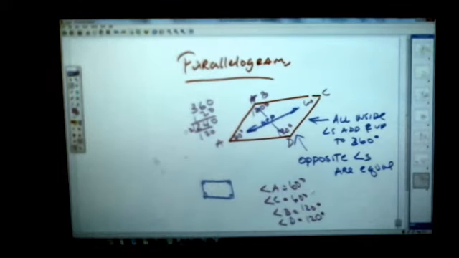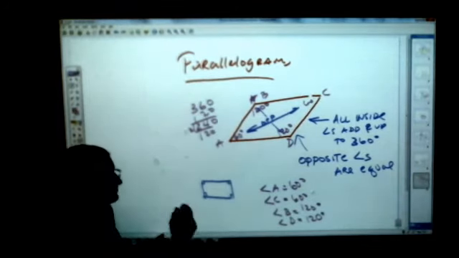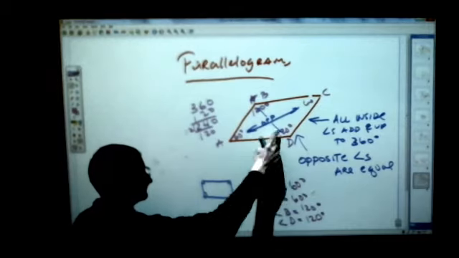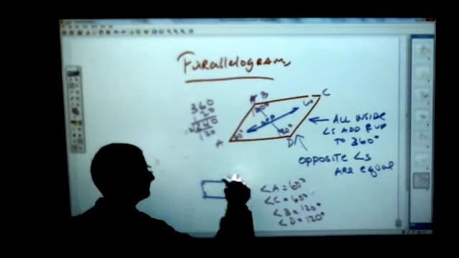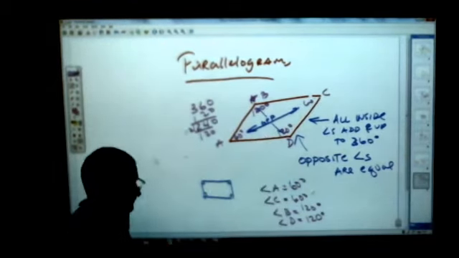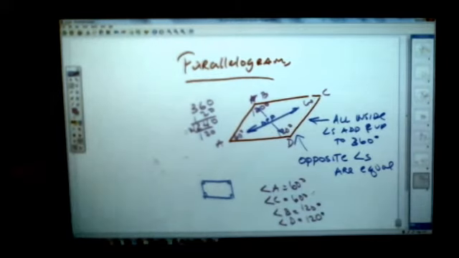Now, one other thing that you might see: anytime you have angles that are next to each other, like 60 and 120, or 60 and 120, guess what they have to add up to? No, that's the total angles.